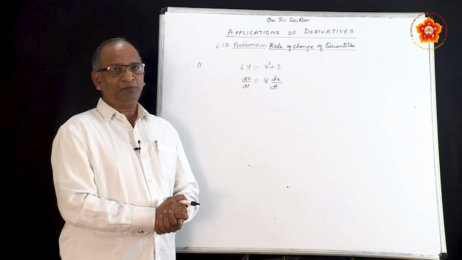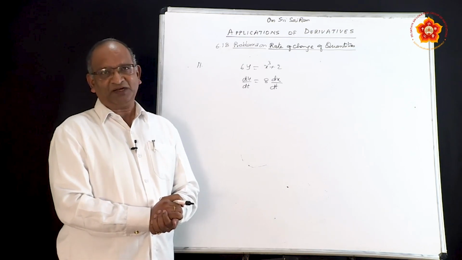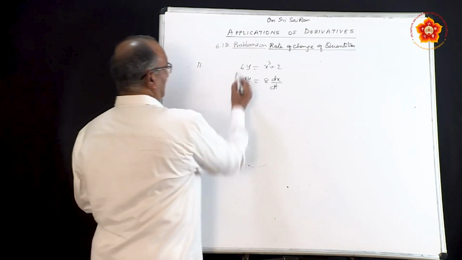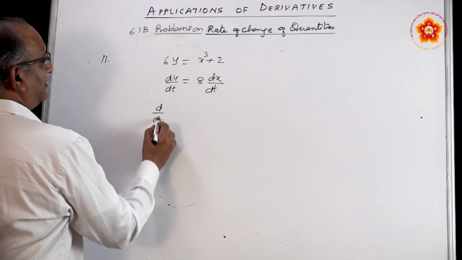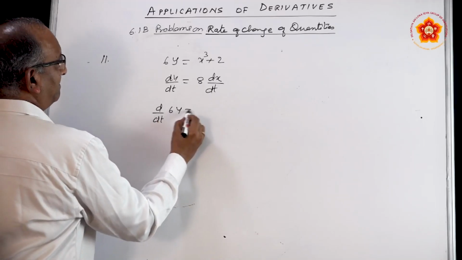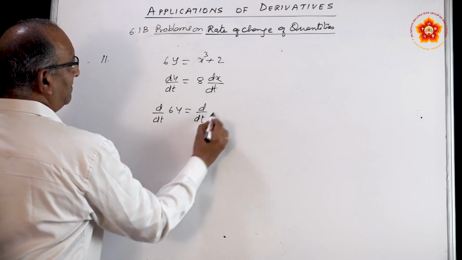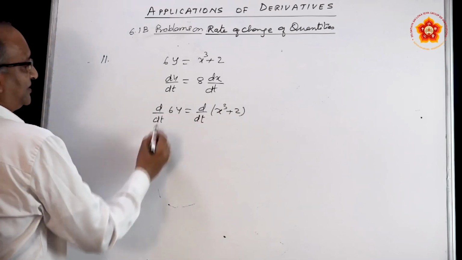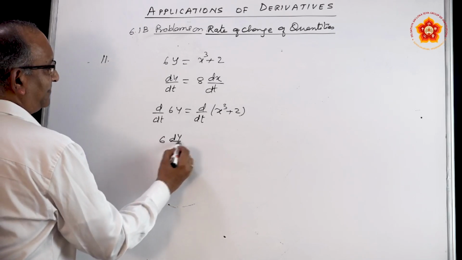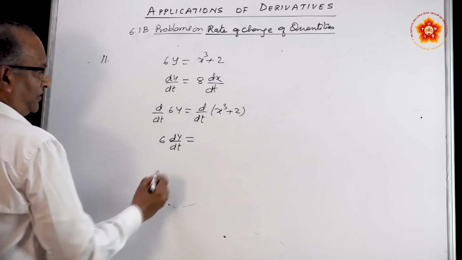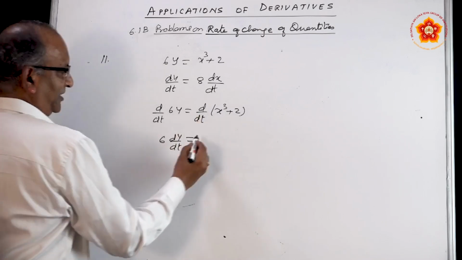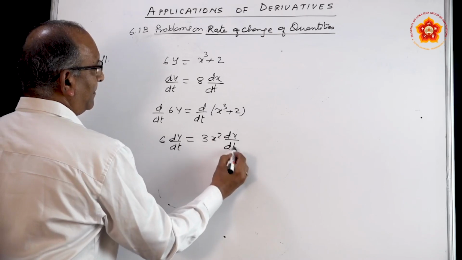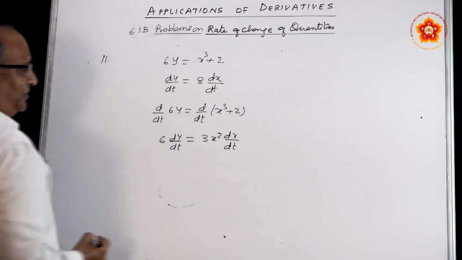So, what do we do? We differentiate the function which he has given with respect to t. Derivative of 6y is 6 dy by dt, equal to derivative of x cube with respect to t, 3x square dx by dt, and derivative of constant is 0.